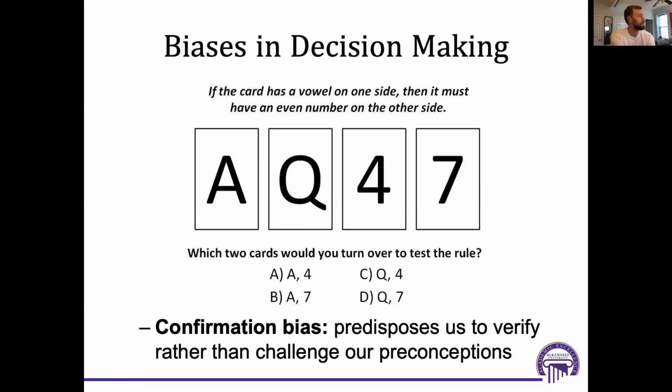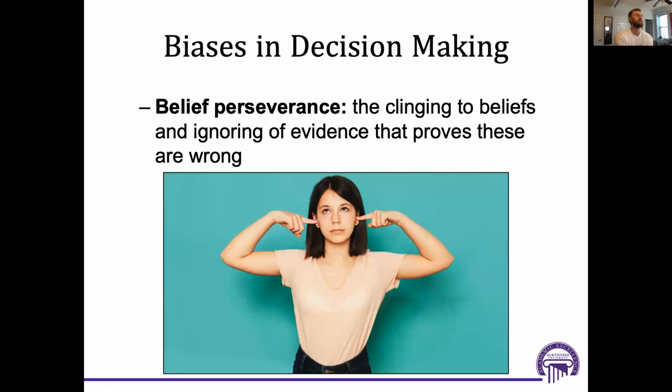We're going to move on to a related bias next, which is known as belief perseverance. That's the clinging to beliefs and ignoring of evidence that proves these are wrong. So let's say that you have this pre-existing thought that you think is true, and then you are introduced to conflicting evidence.